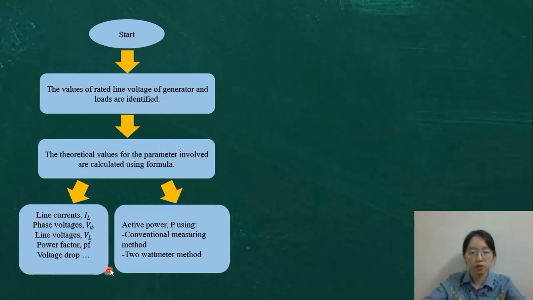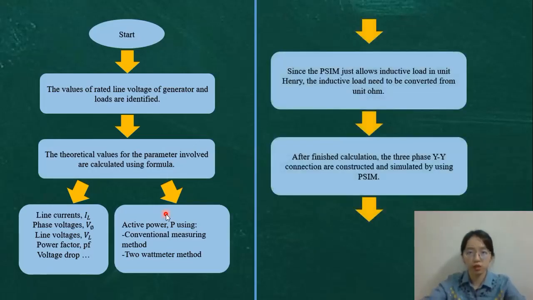Then use these parameters to calculate the active power using the conventional measuring method and the 2-watt meter method. Since PSIM only allows the inductive load in unit Henry, we need to convert it first before we draw the YY connection electrical system in PSIM.